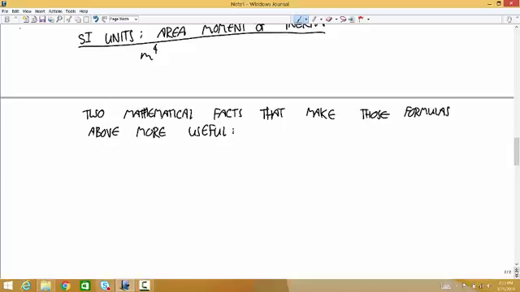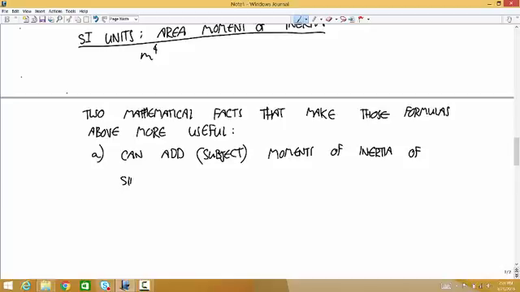The first one is you can add or subtract moments of inertia of simple cross-sectional shapes to build up complicated shapes.